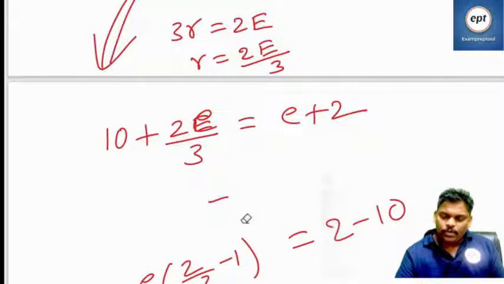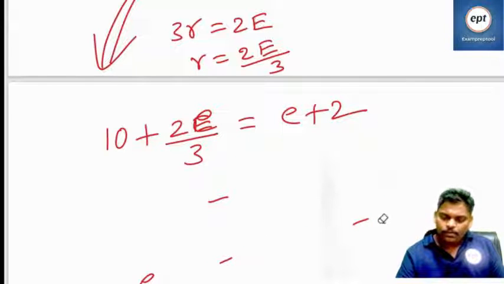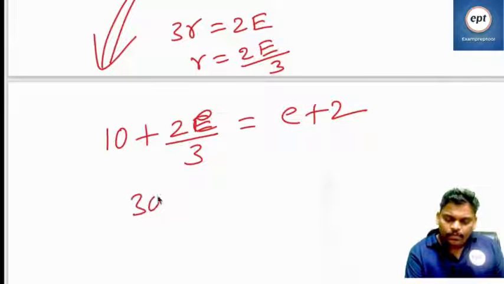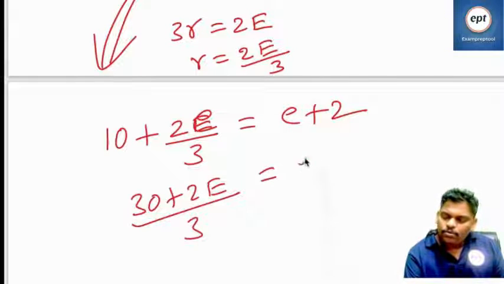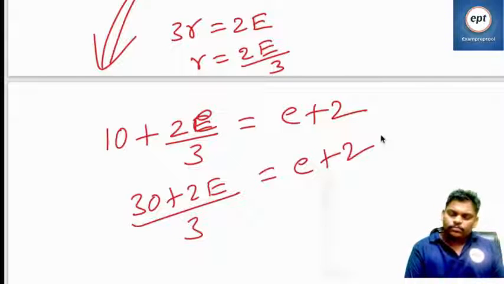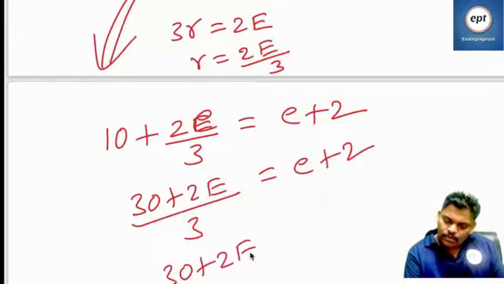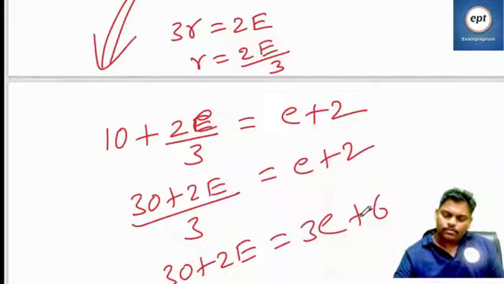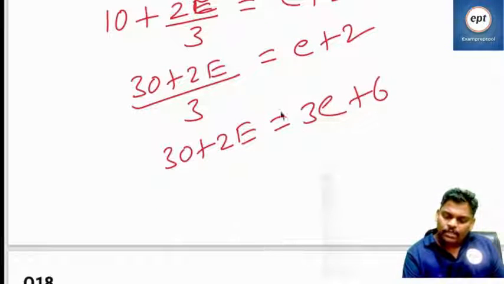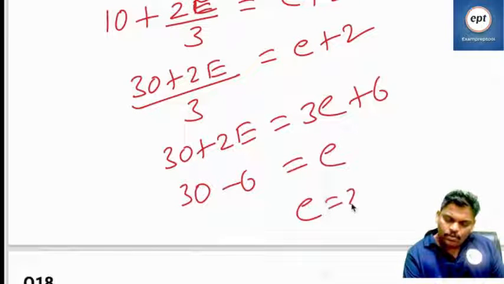Do calculations properly. So this is going to be 30 plus 2E by 3 is equal to E plus 2. So finally 30 plus 2E is equal to 3E plus 6. If you send E that side, 30 minus 6 is equal to E. E is equal to 24.